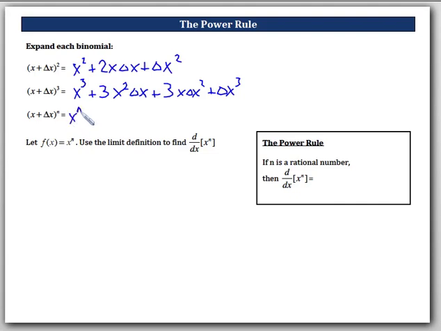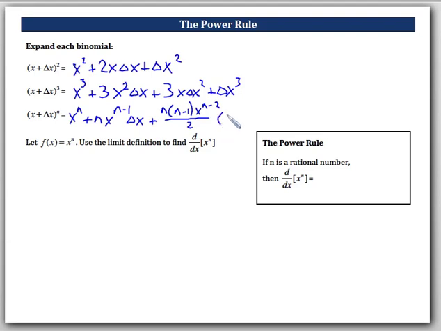So we'd get x to the nth plus n x to the n minus 1 delta x plus, now here's the tricky one, n times n minus 1 times x to the n minus 2 over 2. So this here is that formula which will give us Pascal's triangle.